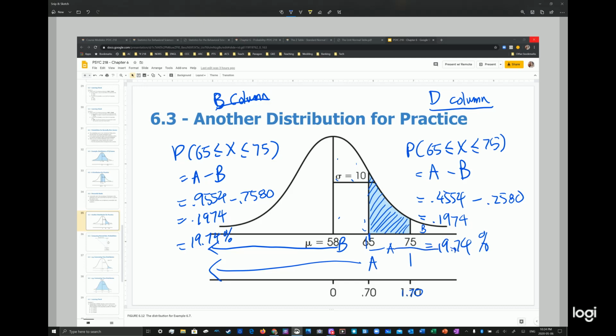Again, it should yield you the same result. There are multiple ways of doing it, but as long as you are able to locate and shade the area that the question is asking you and find the right combination of parts to either add or subtract, then you'll be able to find the right proportion every time.